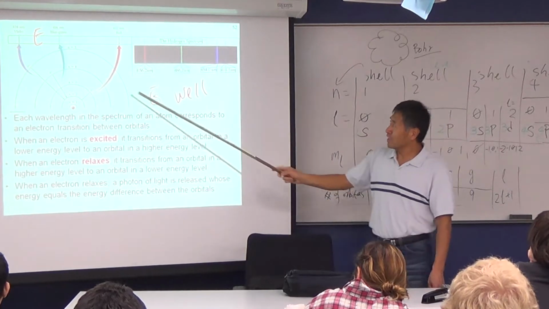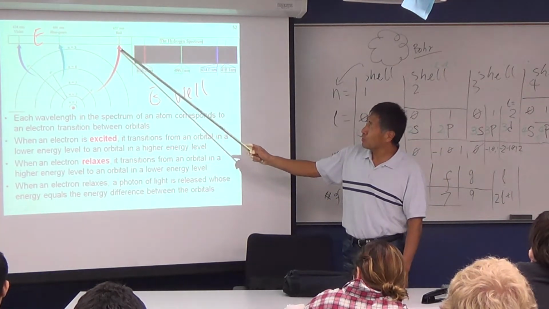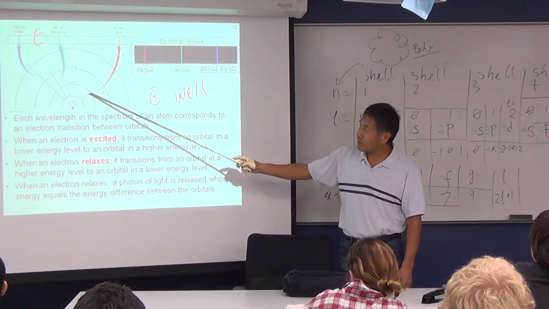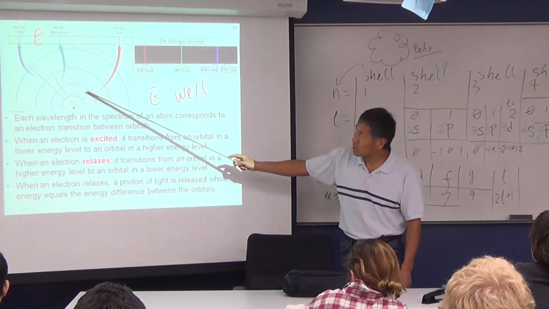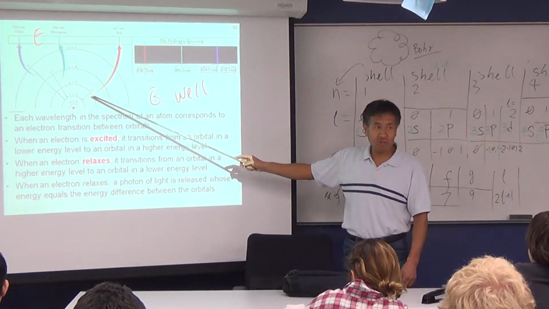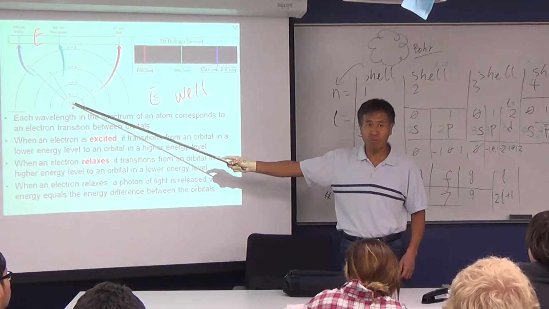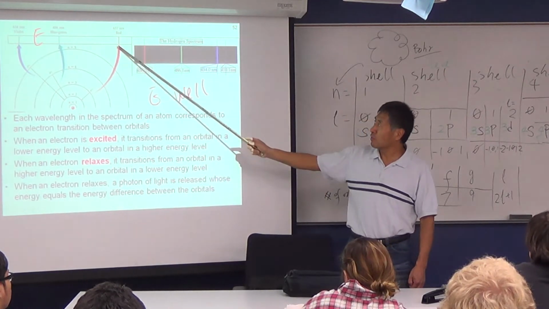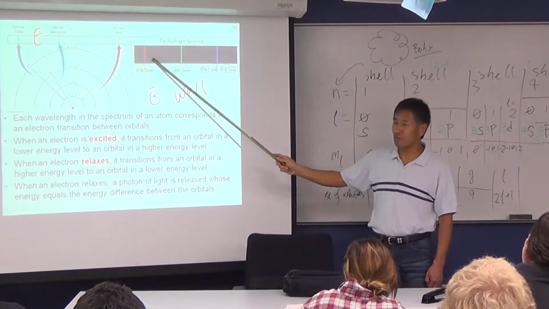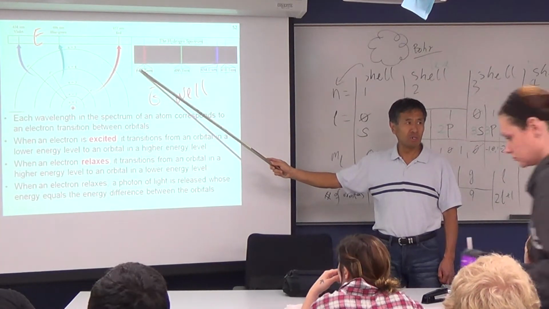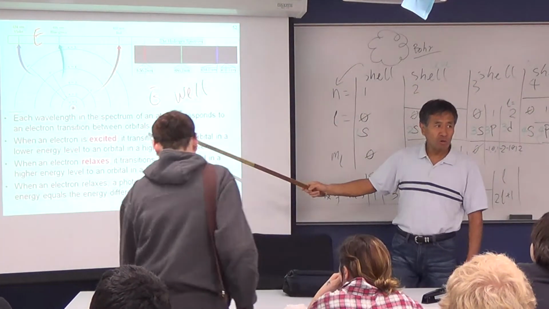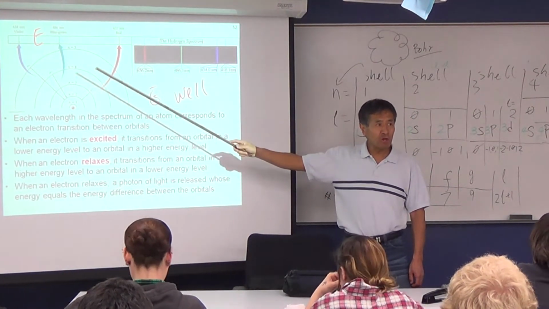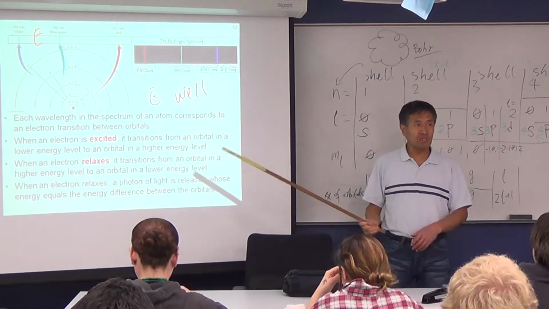You can see those red arrows. When the electron is at n equals 3, that is not usual, because usually they will be in a lower place. They will fall back. When they go back to 2, they give you this red line, and you can measure that. So when the electron goes from a higher energy state to a lower energy state, it emits light.